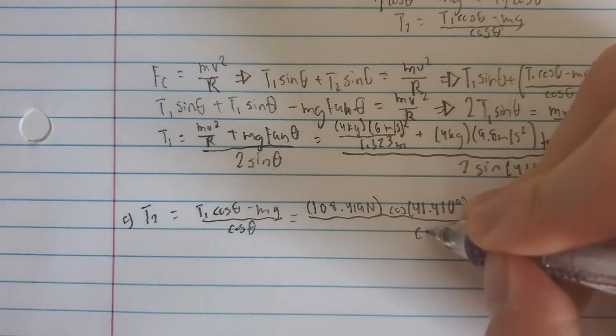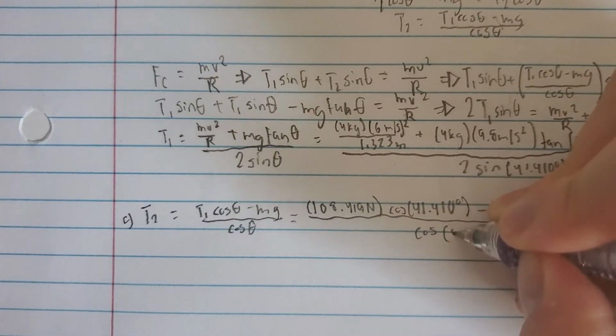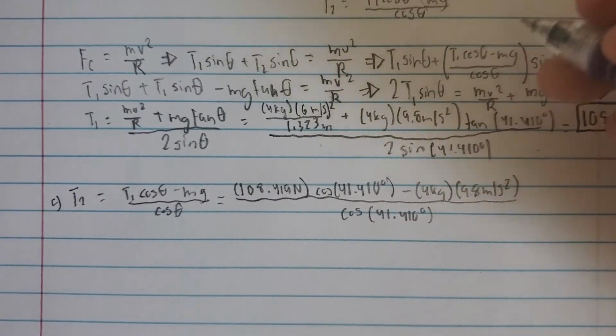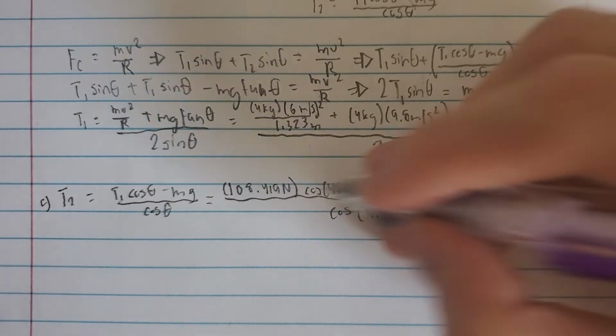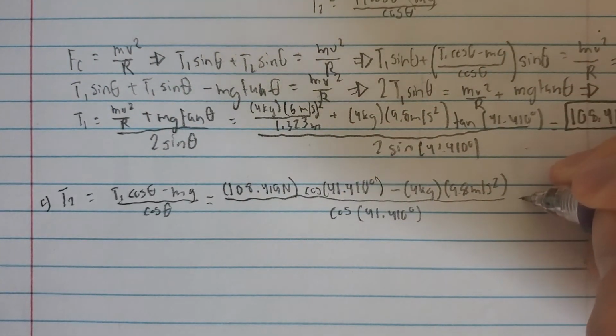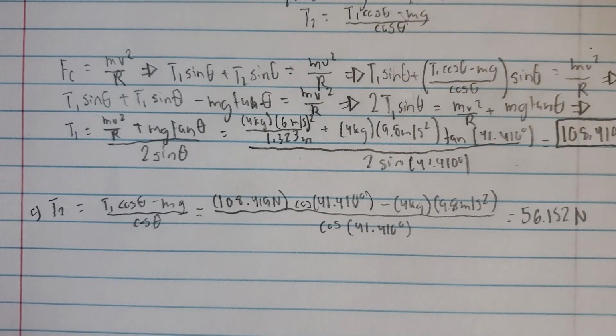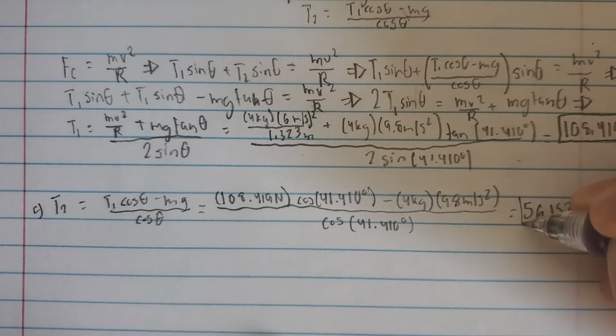All over cosine of 41.41 degrees, which is my theta. So plugging this into the calculator, we're going to get 56.152 newtons as my T2, which I use to represent the tension of the lower string. So this is the tension of the lower string.